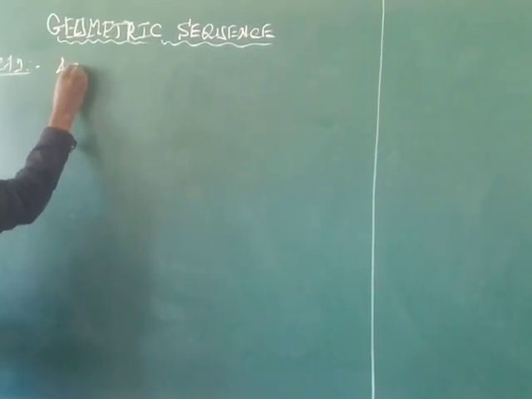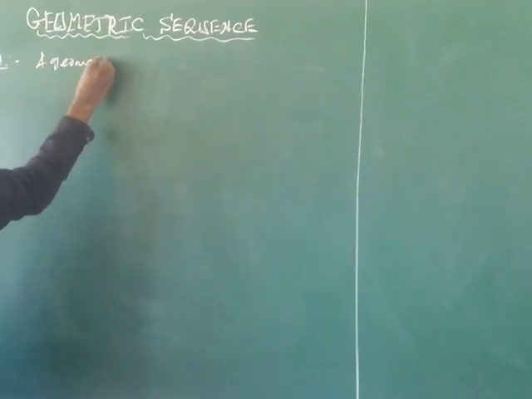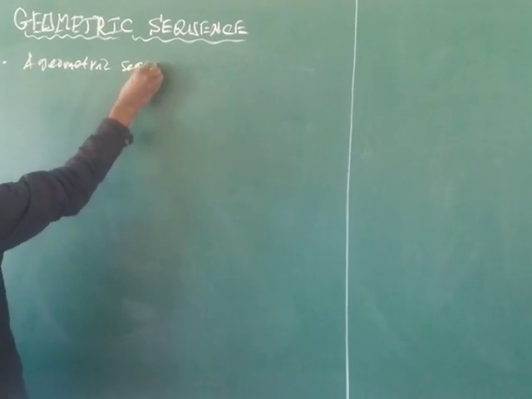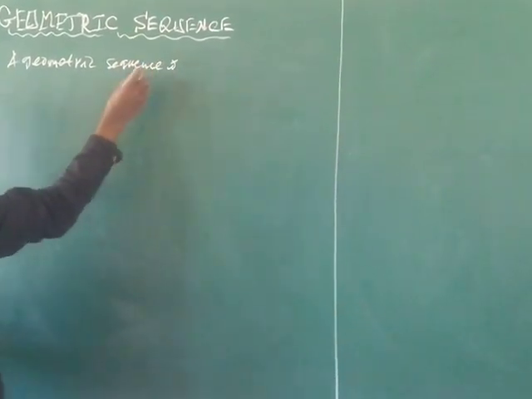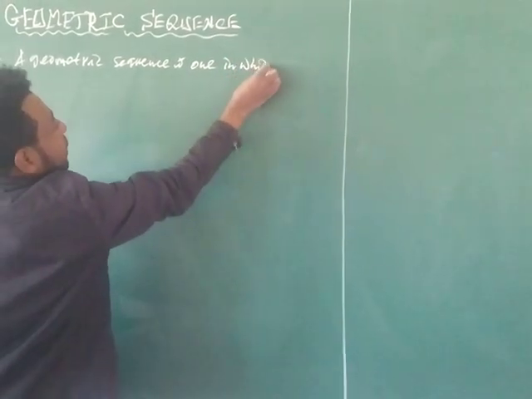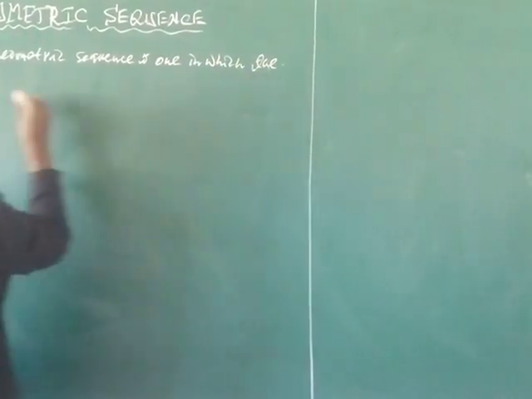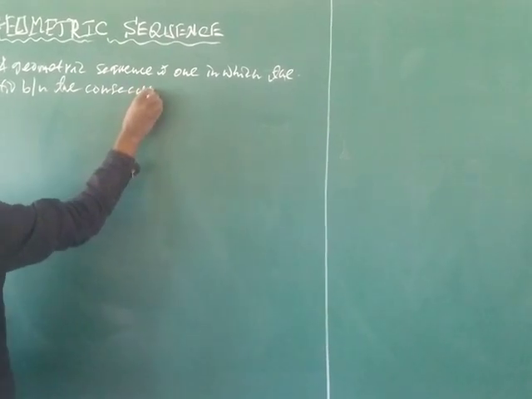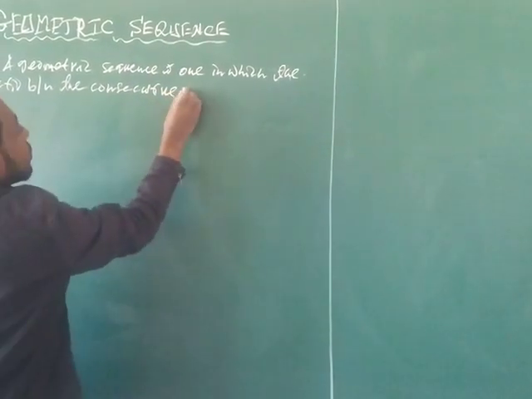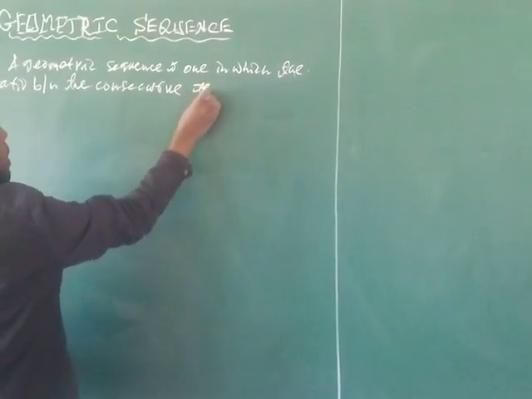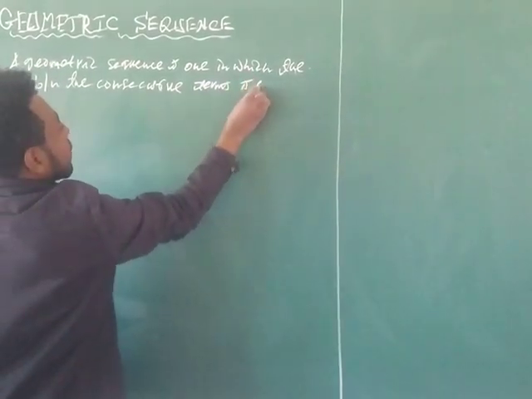A geometric sequence is one in which the ratio between the consecutive two terms is constant.